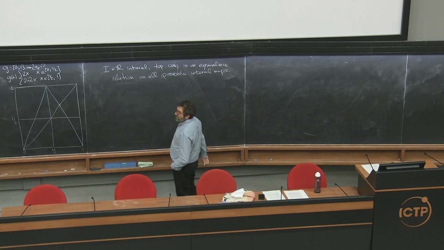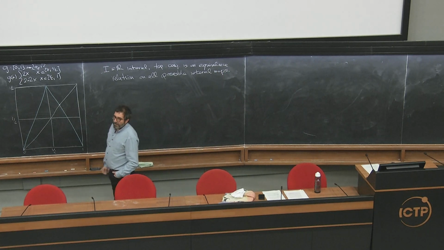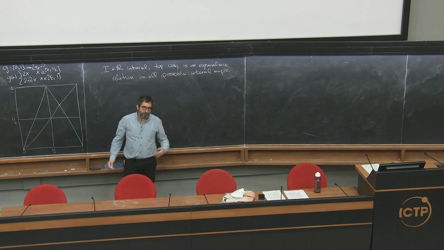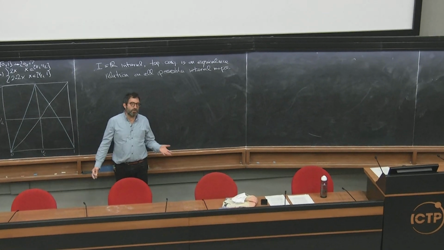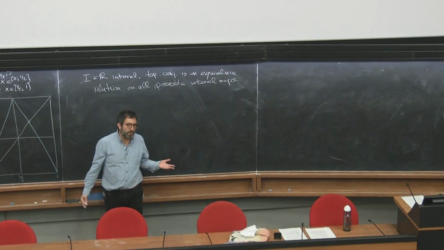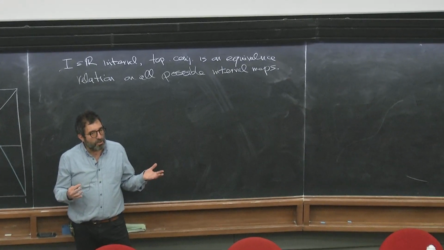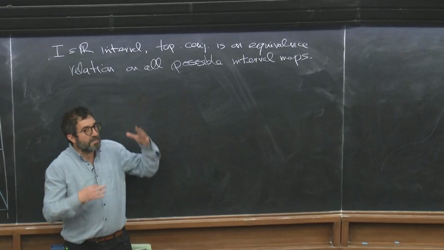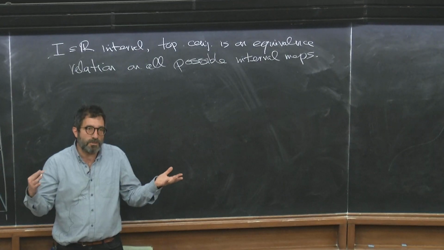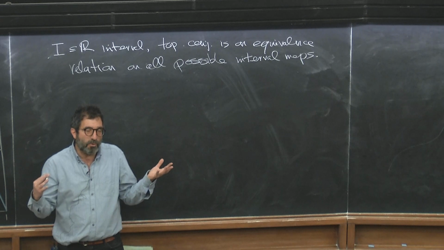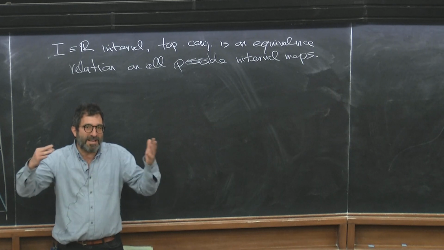So we want to explore a little bit what these equivalence classes look like, right? Because otherwise, what's the point? Okay, we've defined this concept, but now we want to use this to understand a little bit the space. This was the original objective. We want to have some kind of classification.